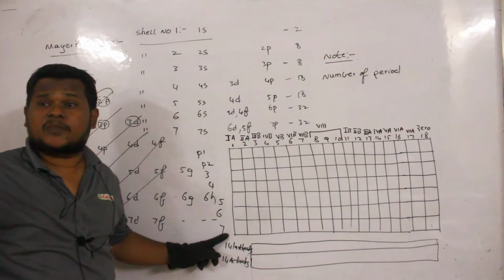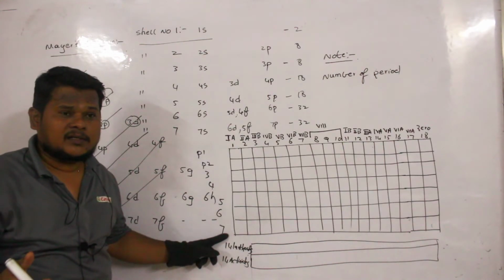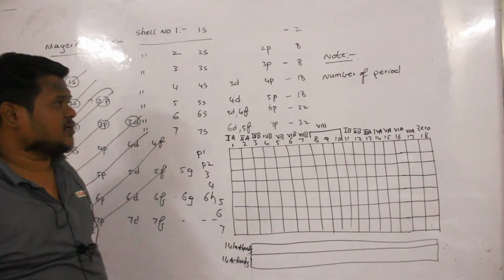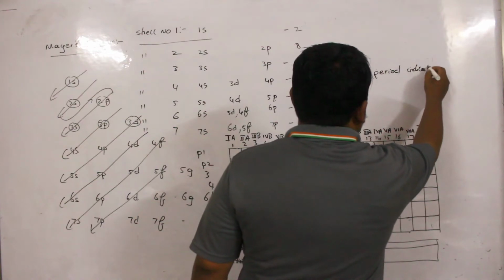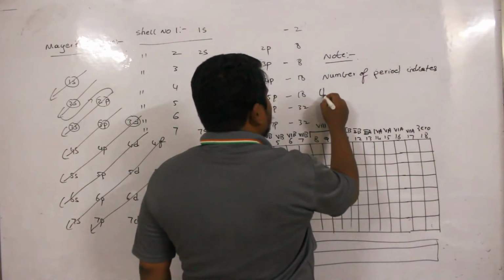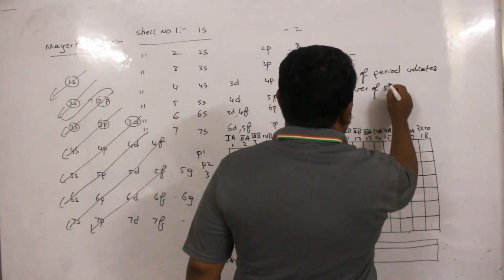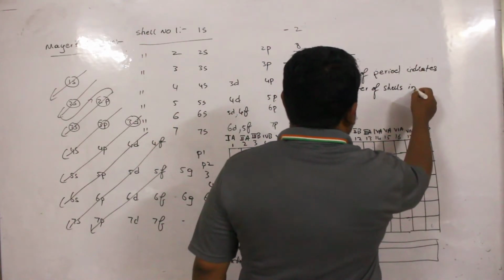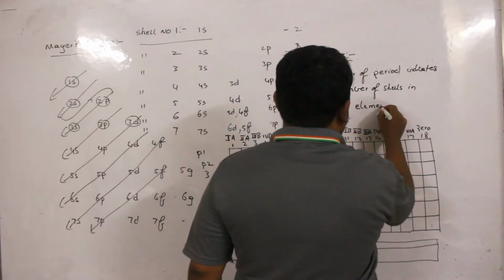There are 7 orbits in that particular element. So the number of the period indicates the number of shells in that element. Are you able to understand?